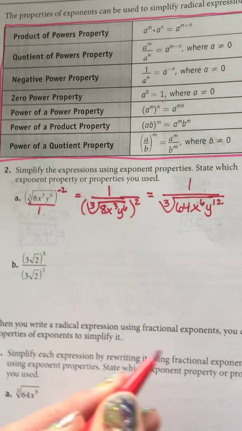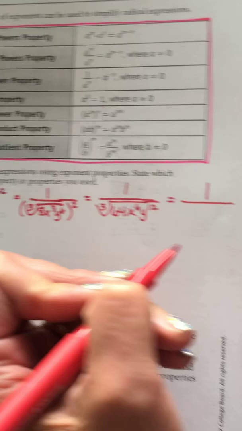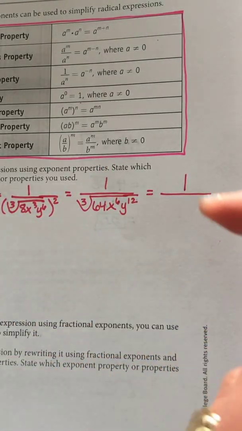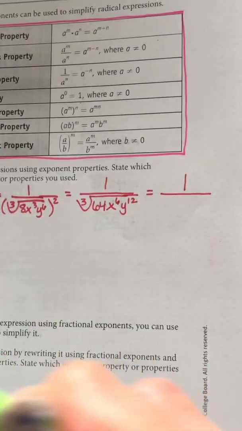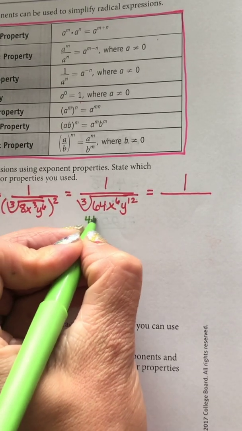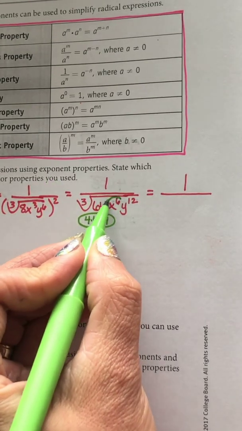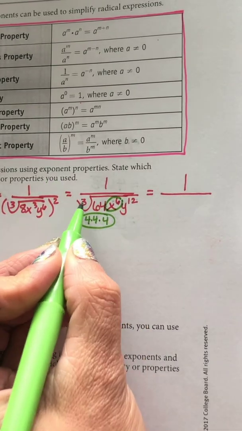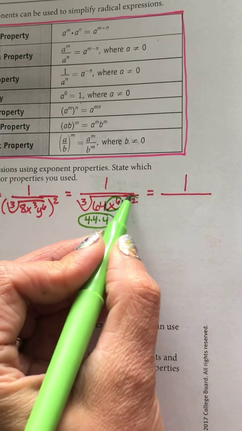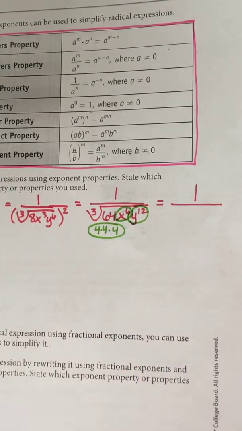All right, so now we need to see, are there any perfect cubes in that radical? And there are. 64 is a perfect cube because 64 is the same as 4 times 4 times 4. So we got 3 4s. X to the 6th is a perfect cube because 6 is divisible by 3. And y to the 12th is a perfect cube because 12 is divisible by 3.